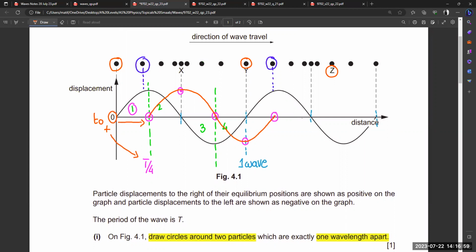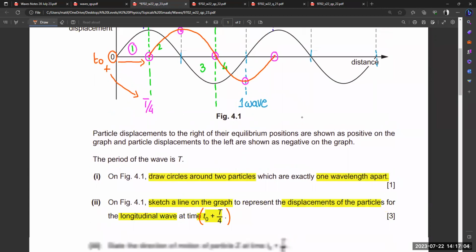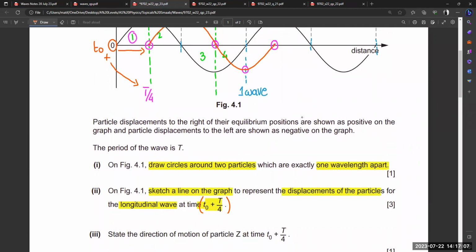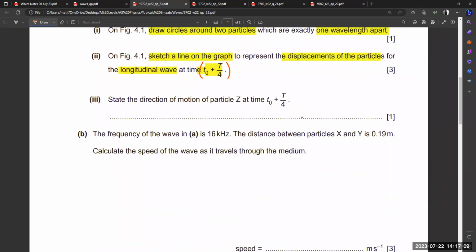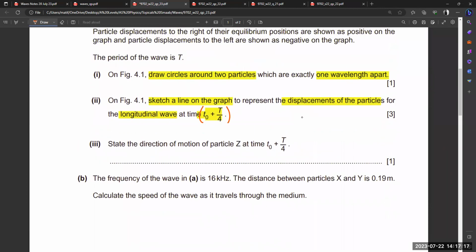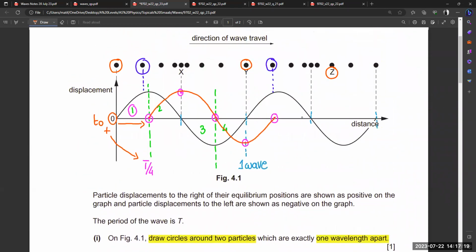And you need to mark what actually they are asking about. State the direction of the motion of the particle Z at time t naught plus t by 4. If we complete this wave throughout the complete timeline, it will be maximum over here, then minimum, completely minimum at the center.